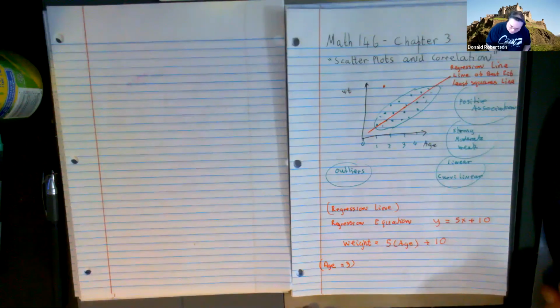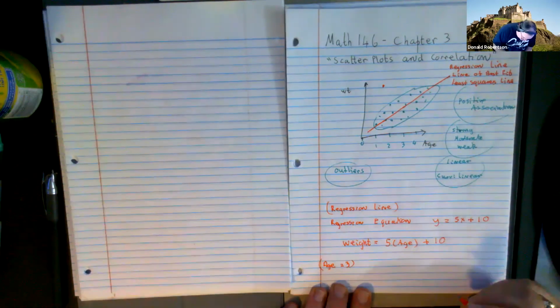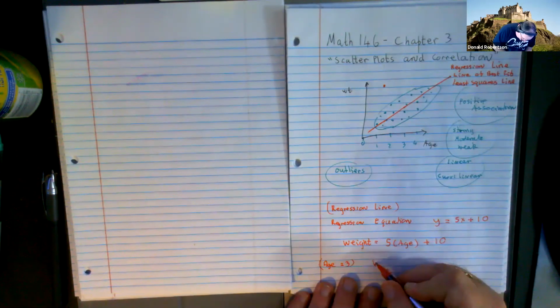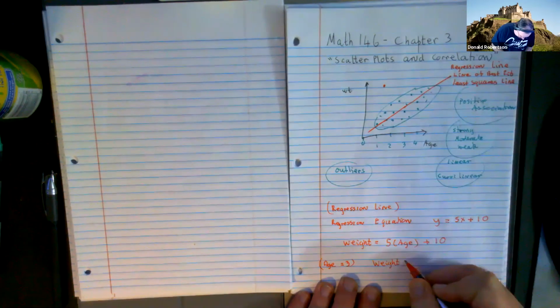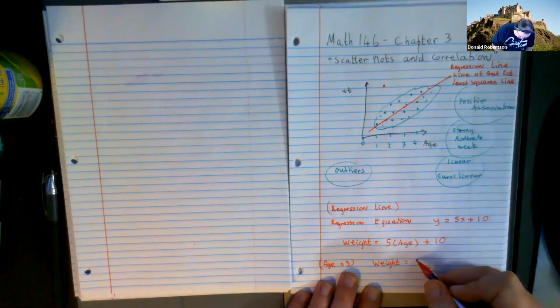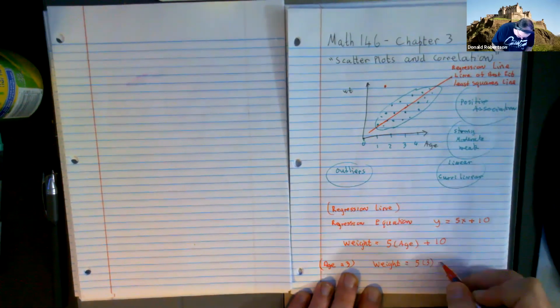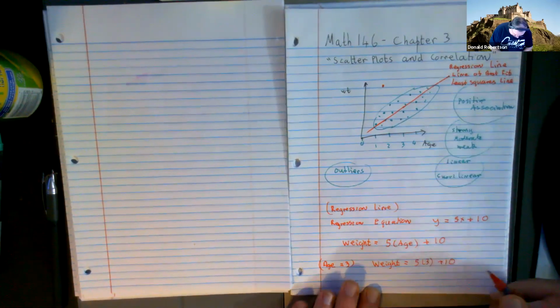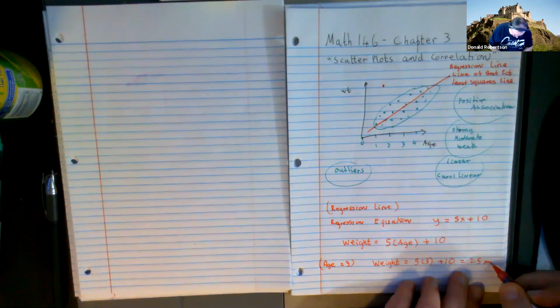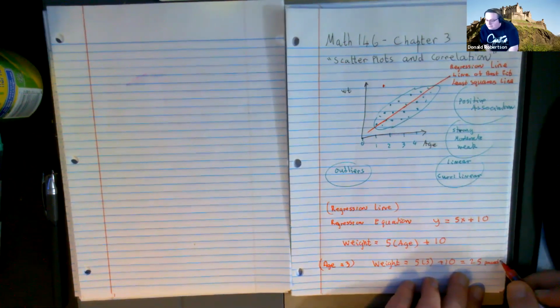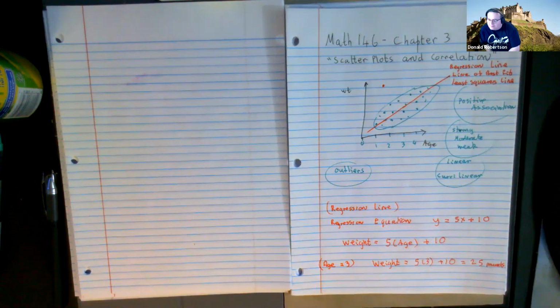I made that up just so we can keep the data small. So the weight of a typical 3-month-old Scottish elephant is 5 times 3 plus 10, which comes out as 25 pounds. Scottish elephants are really small, aren't they?